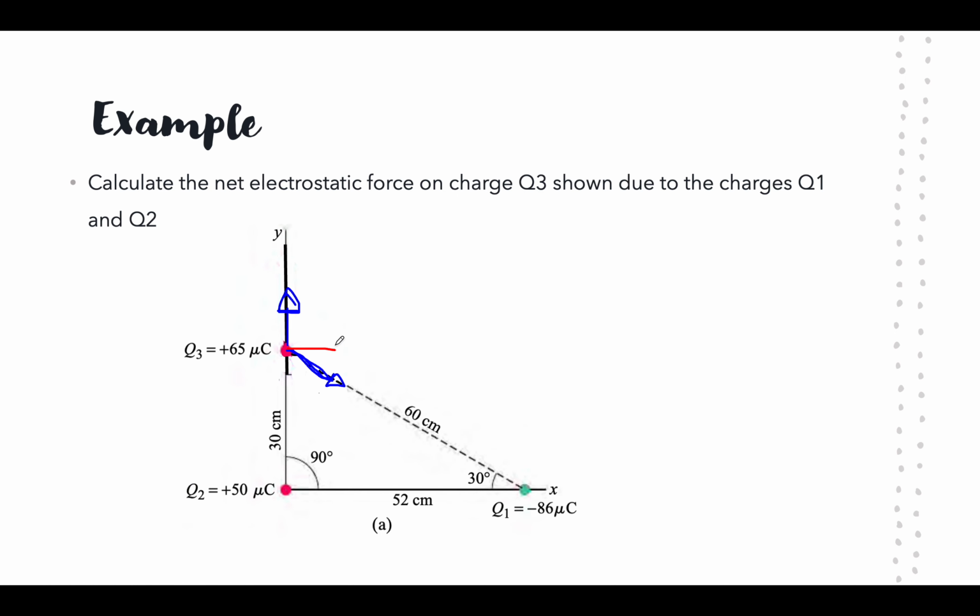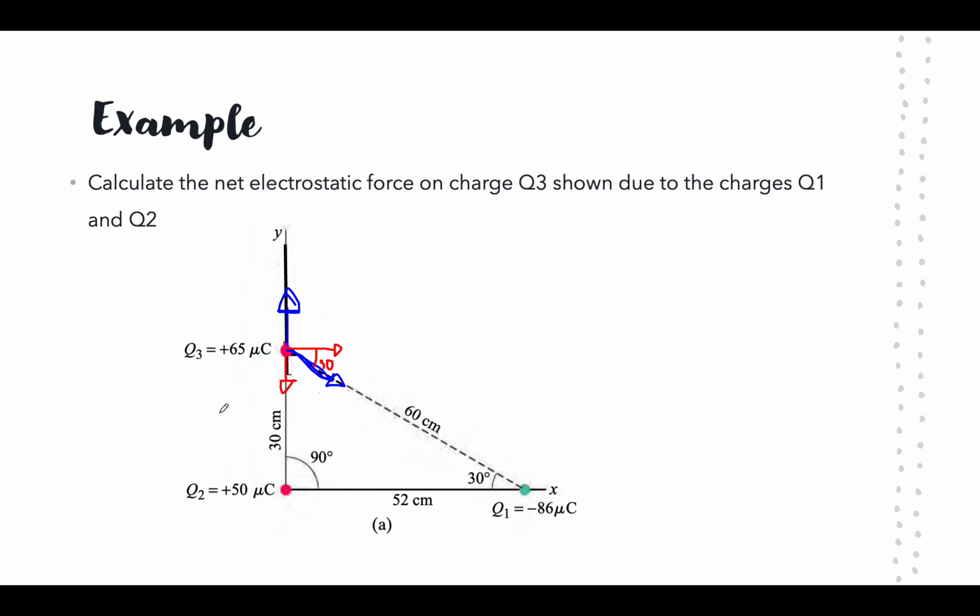This force we're going to have to break into a horizontal component and a vertical component, and then work with vectors like we're used to, right? We know this angle here is 30, right? So now we can find this horizontal component, the vertical component, and go from there.